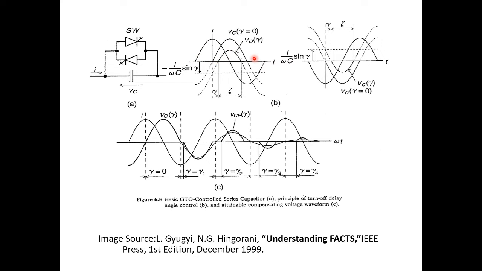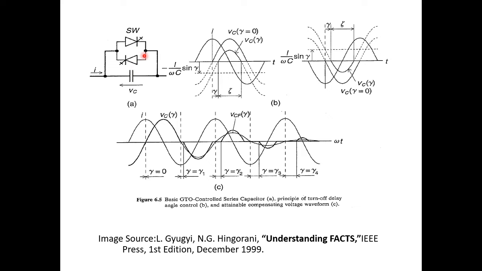If I make gamma equal to 0, the capacitor voltage is maximum. If I choose some angle gamma, before that value it is in on position, and at gamma the GTOs turn off and the voltage VC is carried across the capacitor. If gamma becomes 0, the maximum voltage will be there.